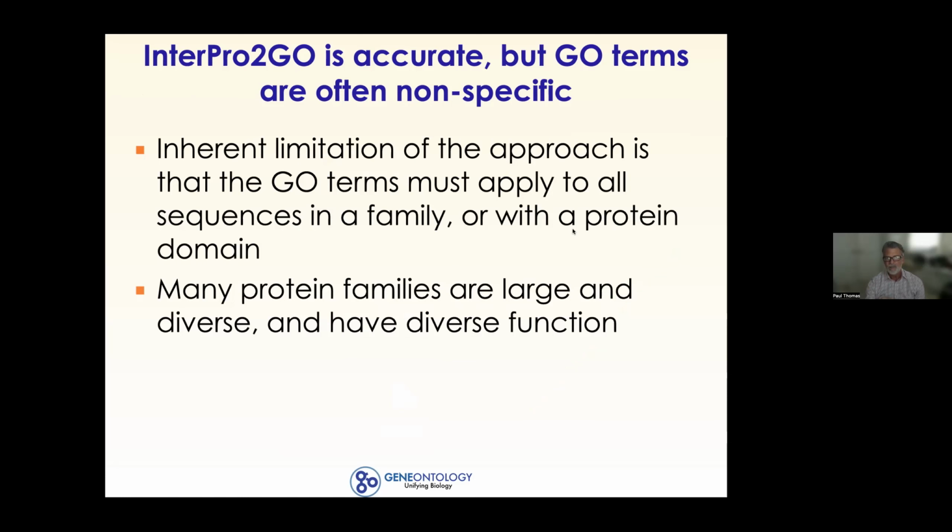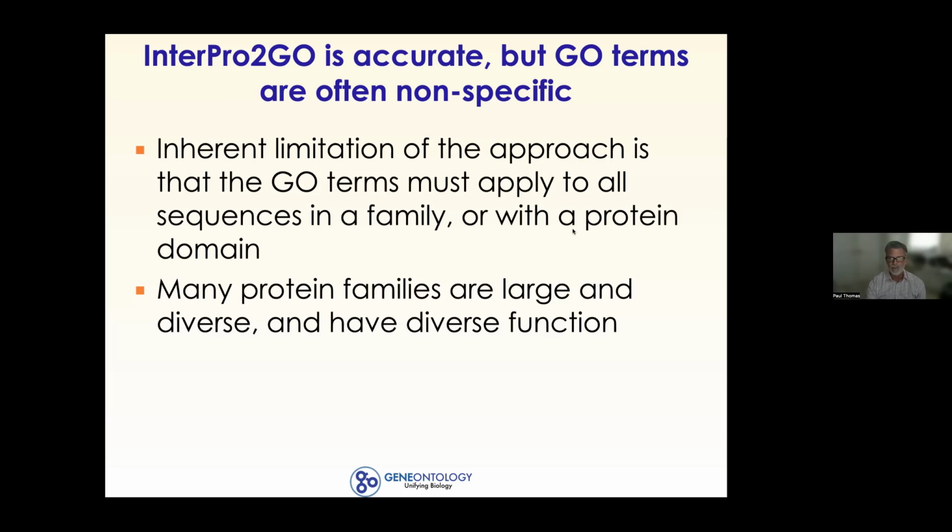And so many protein families are large and diverse and can have diverse functions. In that case, you can often just make a very, very general statement about the function. In some cases, you might just be able to say, it's an enzyme, right? It has catalytic activity, but I can't say exactly what that activity is. And so that's really been the state of the art.